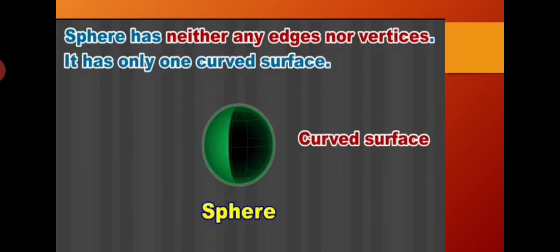So students, in this module you have learned 5 solid shapes: cube, cuboid, cylinder, cone and sphere. You have to make a table in your notebook and write down how many faces, edges and vertices there are in each shape. On one side you write the shapes and on the next side you write faces, edges and vertices.